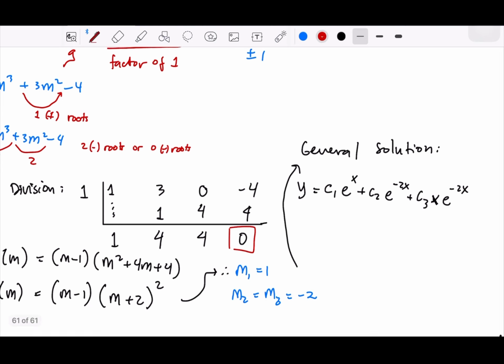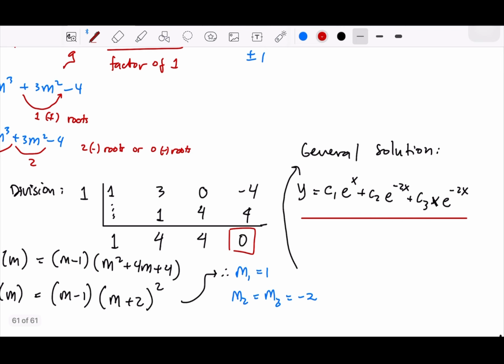As long as you can see the pattern, how to write and how to solve this auxiliary equation, because most of the questions will be this kind of type. So the first one is this m equal to 1. The second and the third are when the roots are the same value.